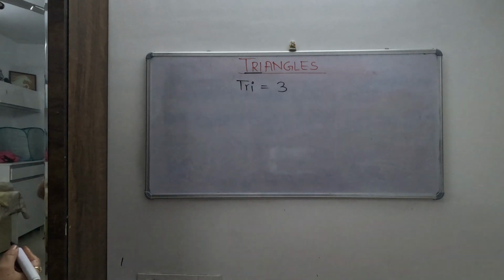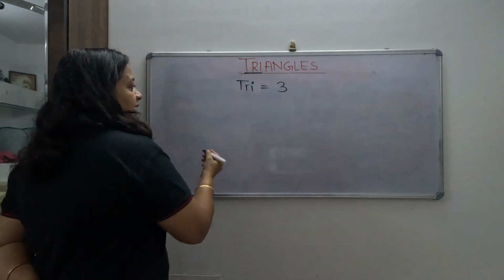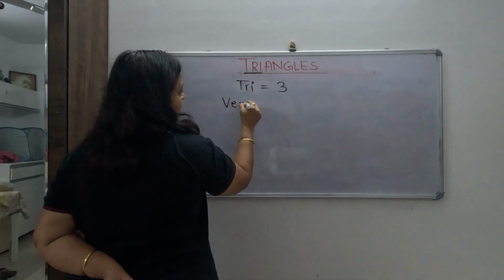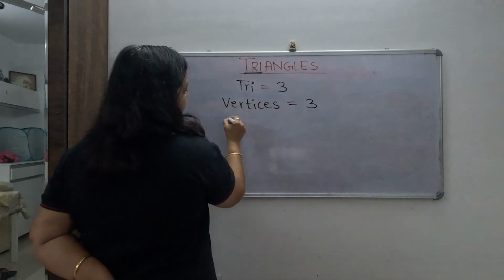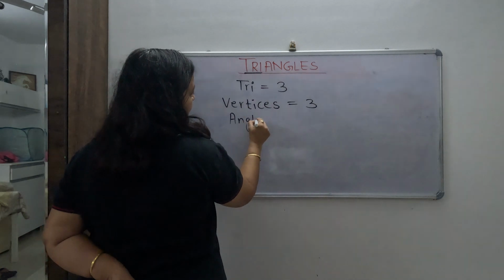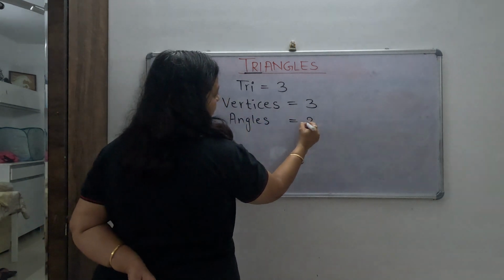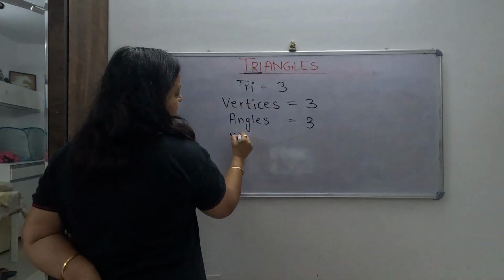A triangle is a figure which has 3 vertices. What is this? 3 vertices, 3 angles, and 3 sides.